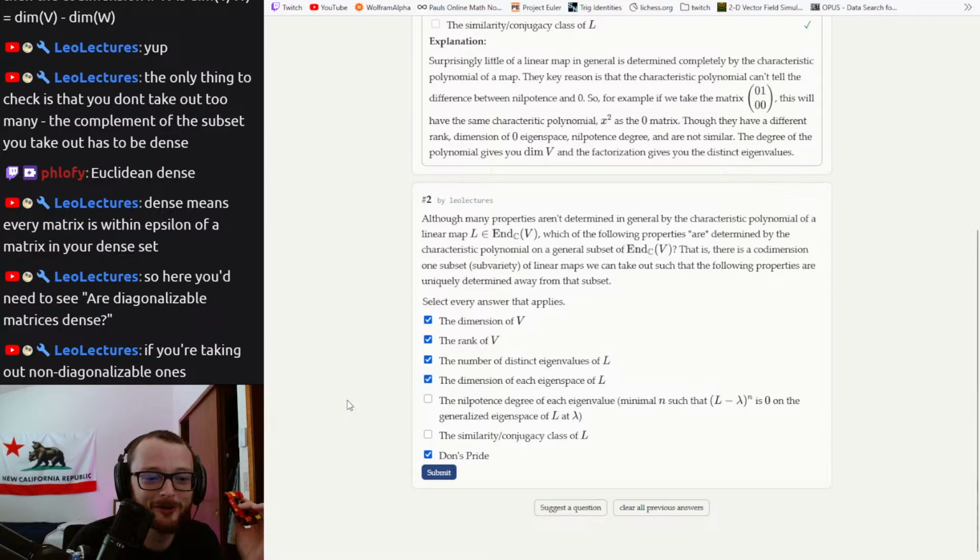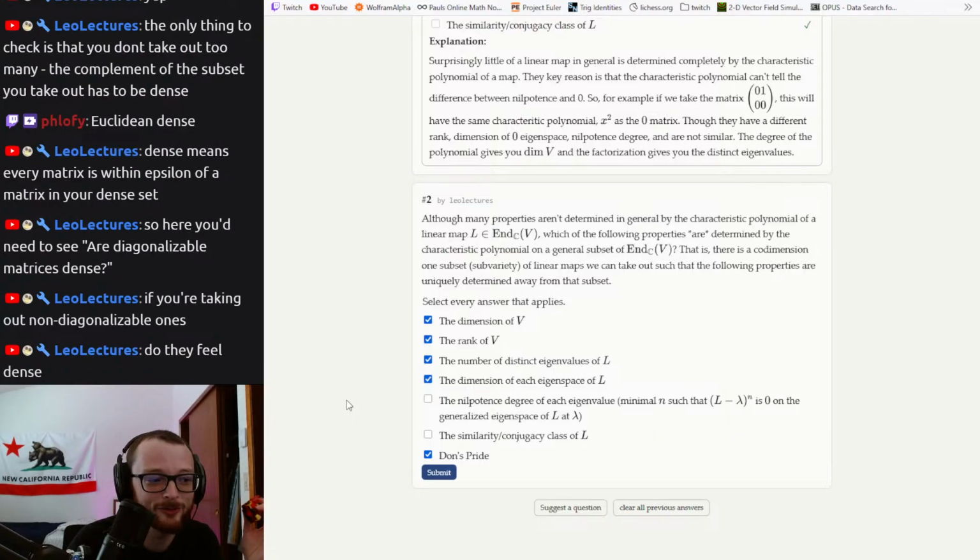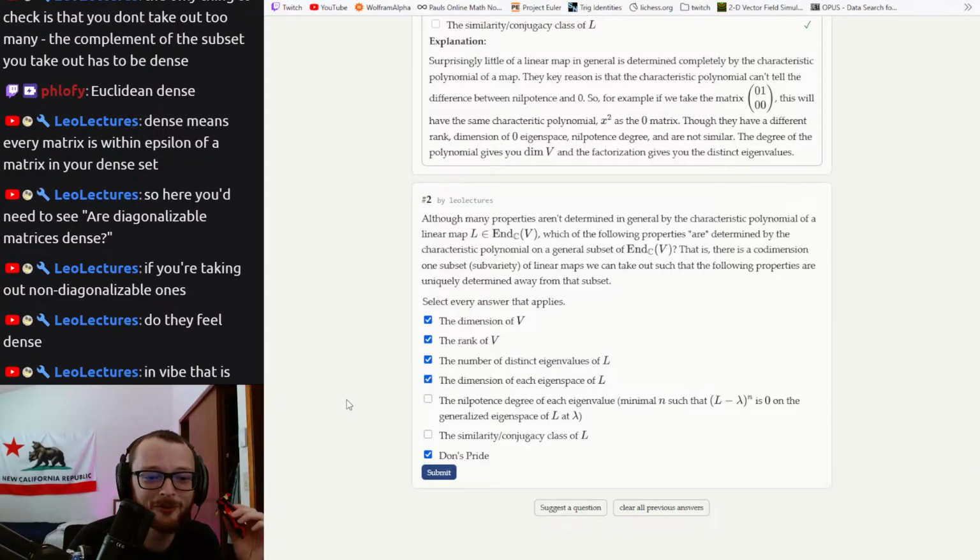I would think probably no if you're cautioning me. I only know the intuition of what dense is. I don't know how you actually prove stuff with it. Do they feel dense? In vibe? No? I feel like they're the equivalent of rational numbers, which are not dense, right? Or are they dense? I feel like I was corrected on that. I don't know.